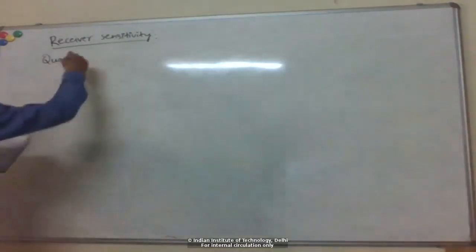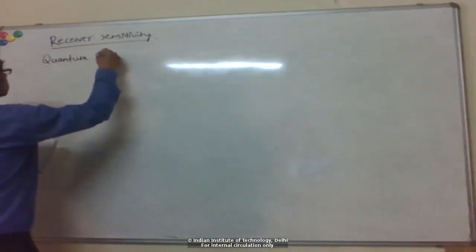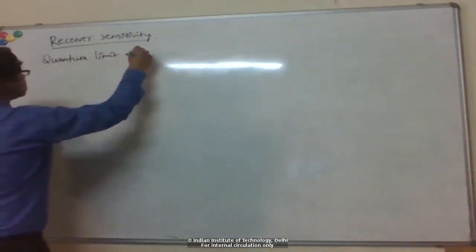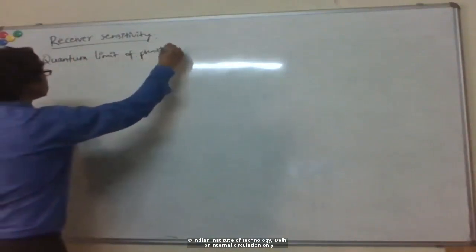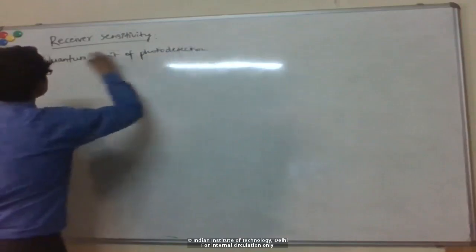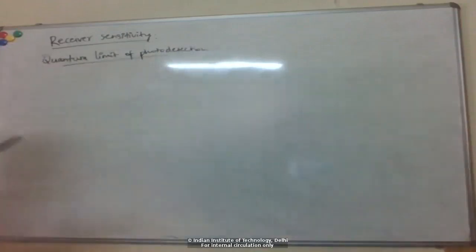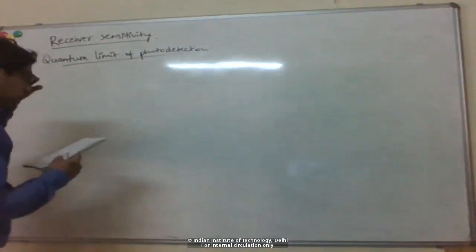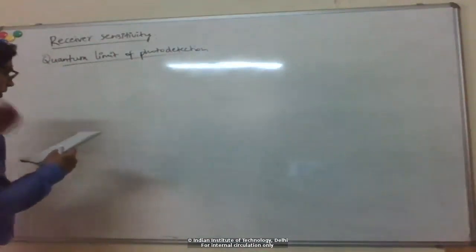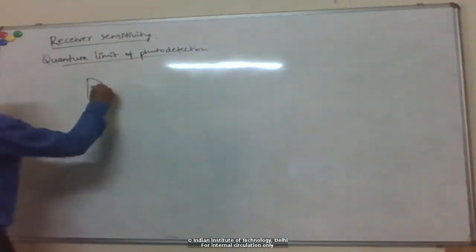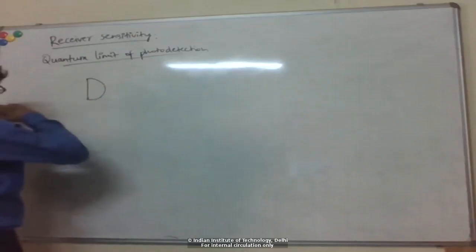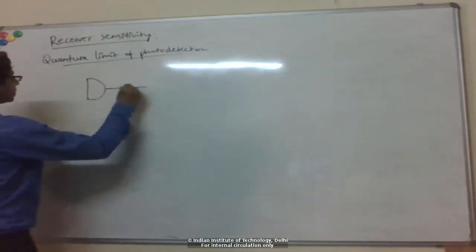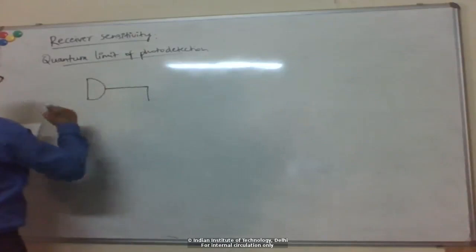Okay, so let's discuss this quantum limit of photodetection, which is basically the best that one can hope to do. That is limited by the Poissonian statistics that we were talking about.